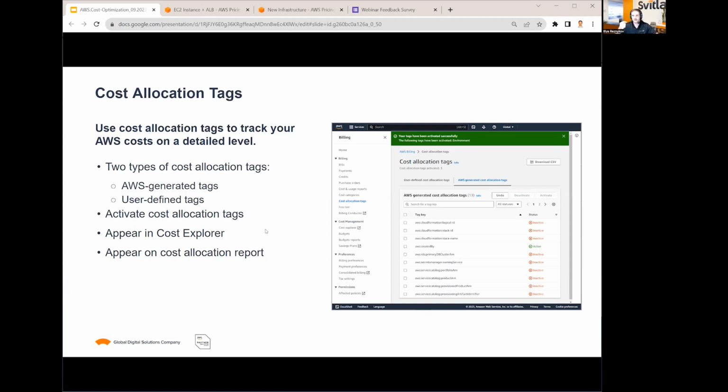It means that these reports will be able to demonstrate that for the financial department, these resources cost this sum. For the development department, these resources cost that. And these resources are not tagged, they cost that sum, and it's already some kind of alarm for engineers and architects that they should take a look at them and understand why some resources are not tagged but still consume some money.